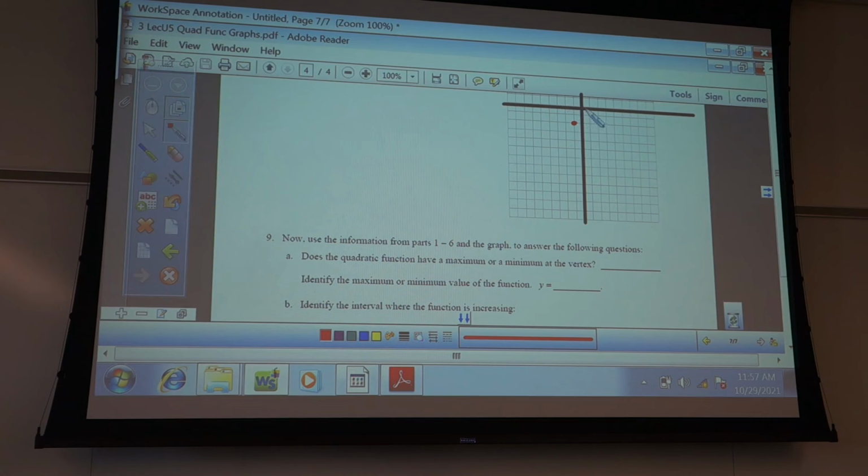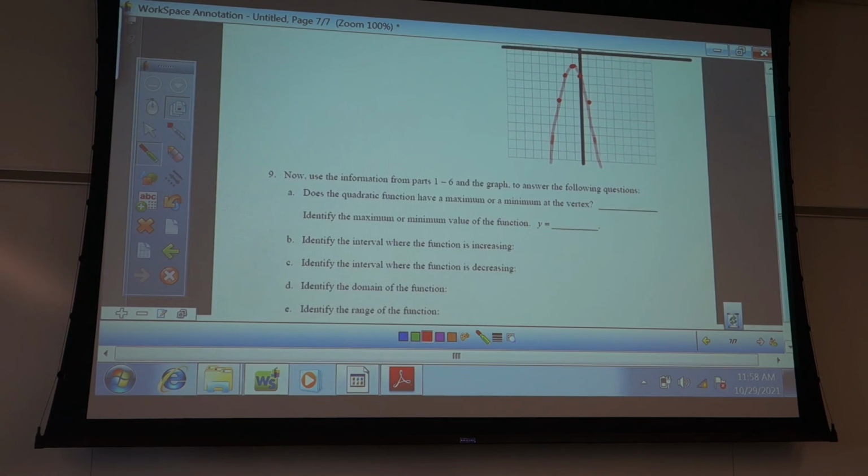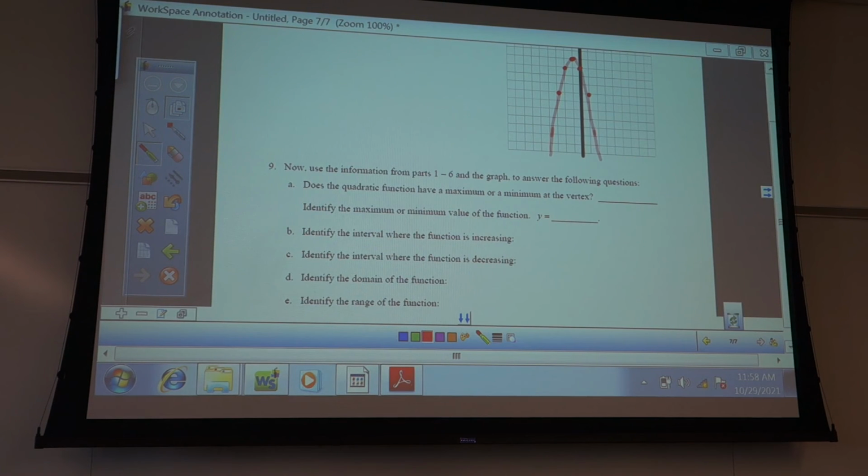Then -2, -3. So first you go back 2, and you go down 3. And then -3, comma, -6. Everybody had a chance to get that sorted out?